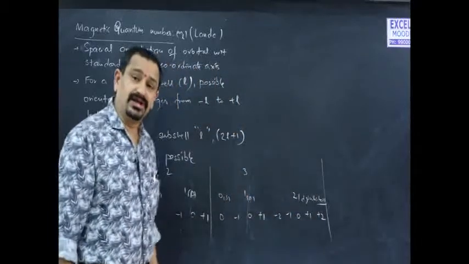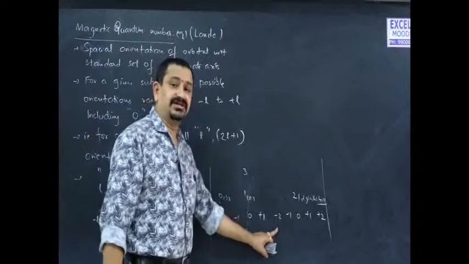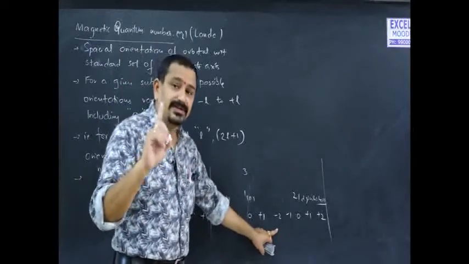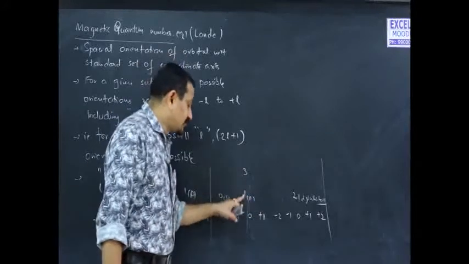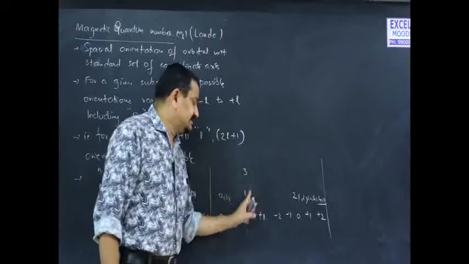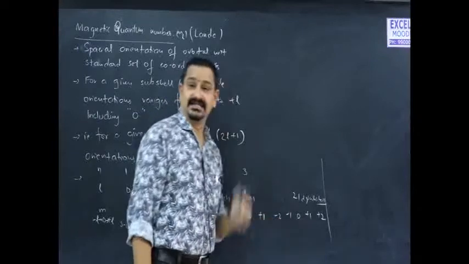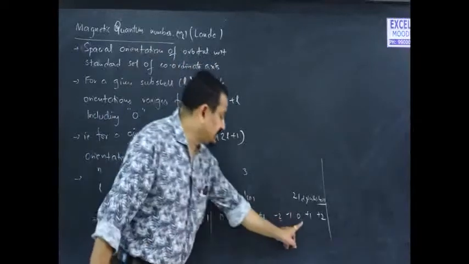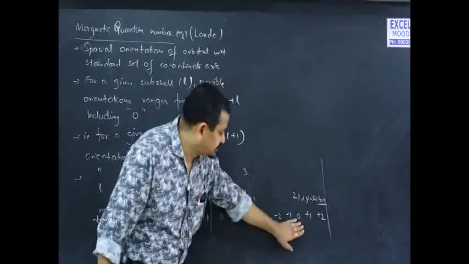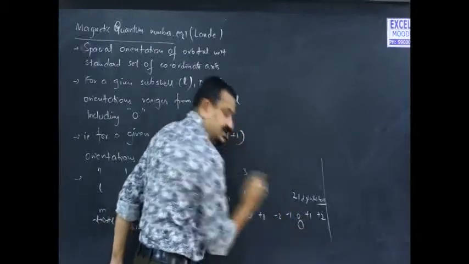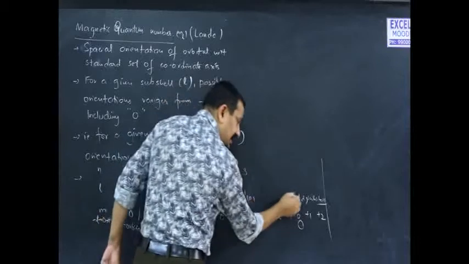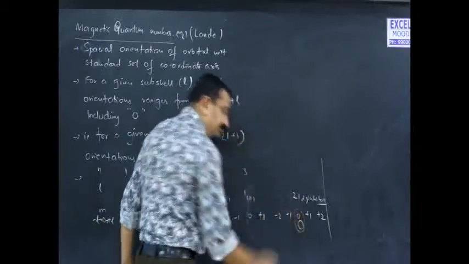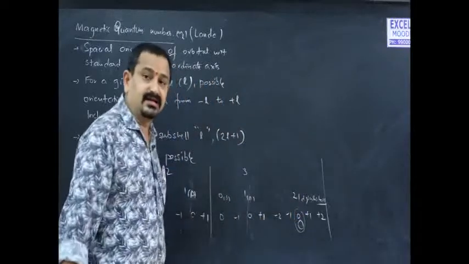Totally 5 orientations are possible. Each orientation indicates an orbital. Thus, every atomic orbital can be described with a set of three quantum numbers. If a particular atomic orbital is to be described, then we need the knowledge of its principal quantum number, azimuthal quantum number and the corresponding orientation quantum number, the magnetic quantum number.